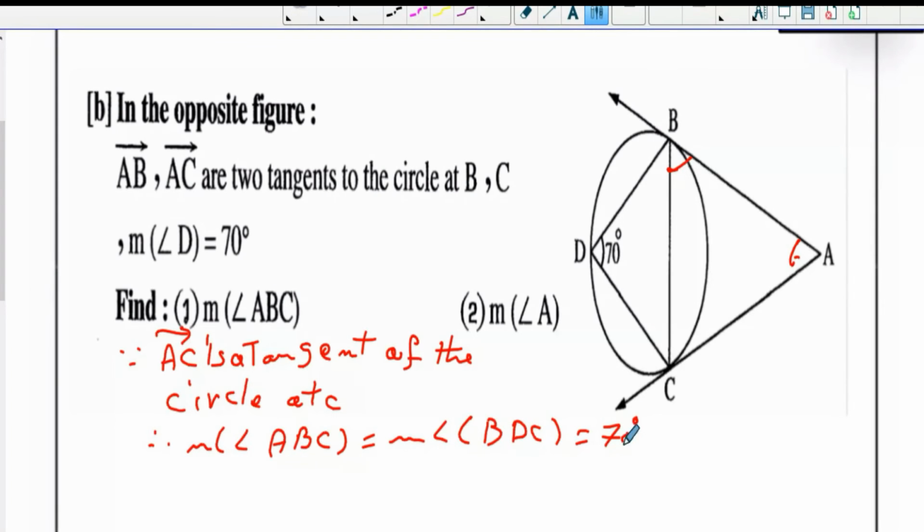Why? Because the angle of tangency equals the inscribed angle subtended by the same arc BC.